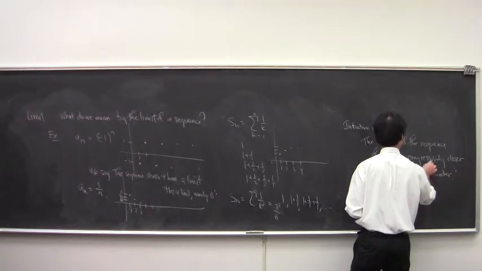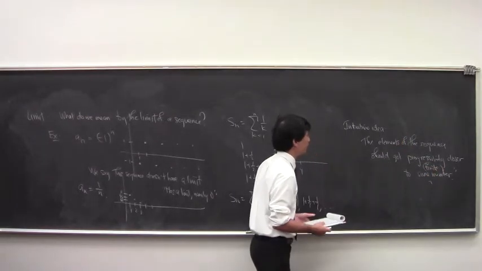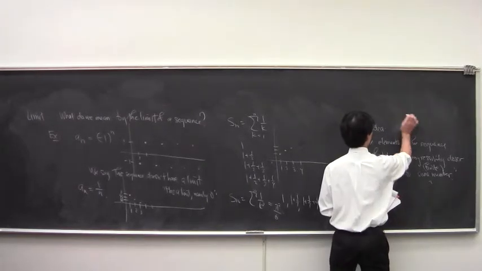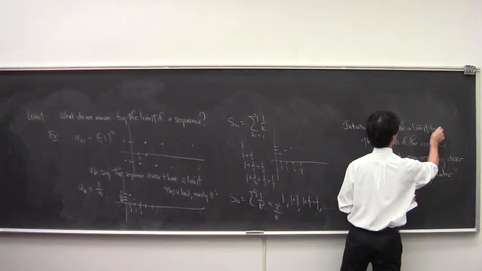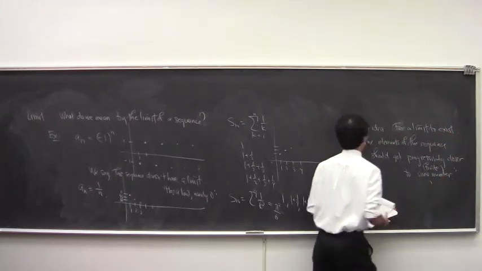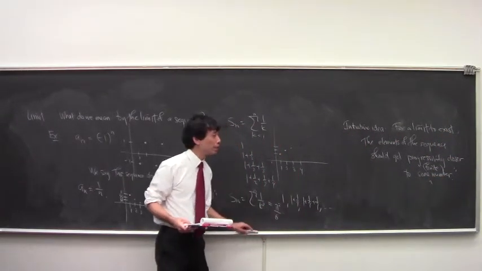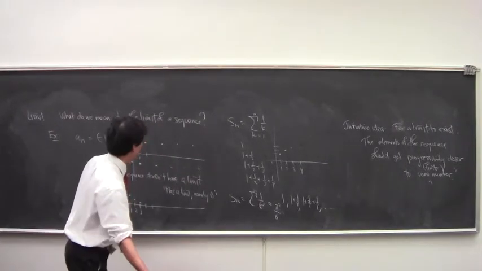Generally we say some finite number, if the limit exists. For a limit to exist, the elements of the sequence should get progressively closer and closer to some number, right?